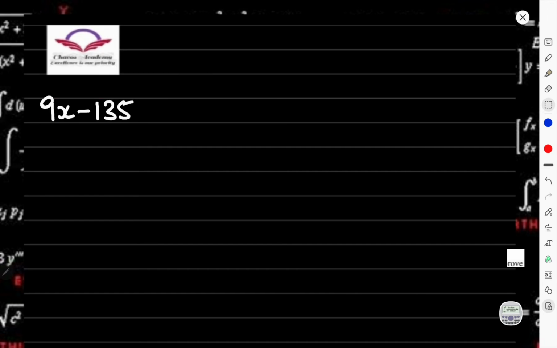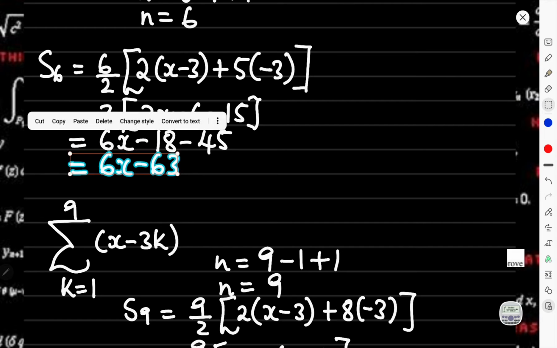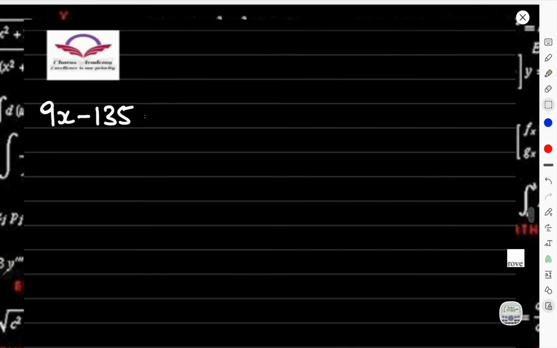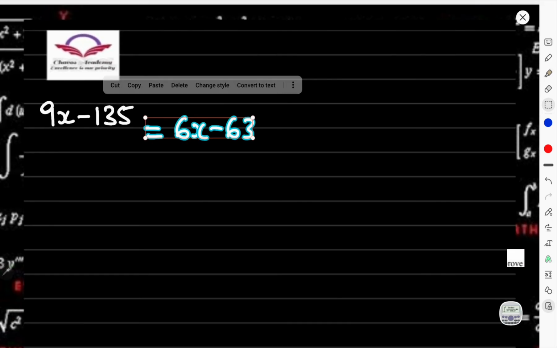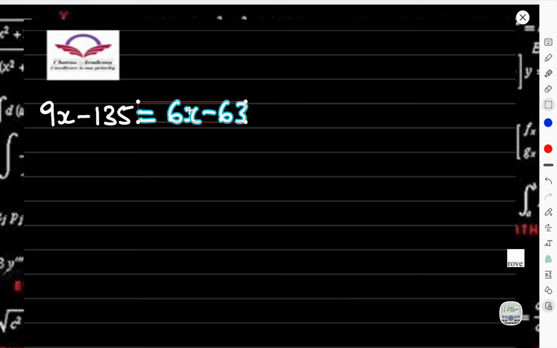This one equals this one here. So we can solve for x.